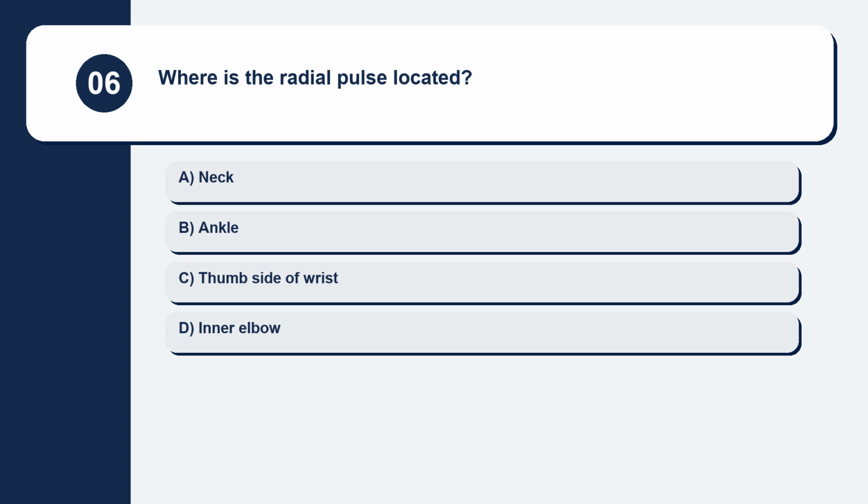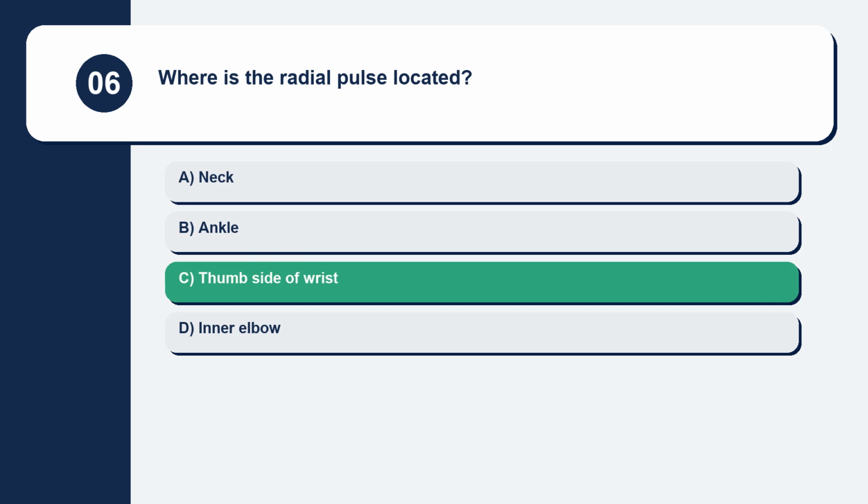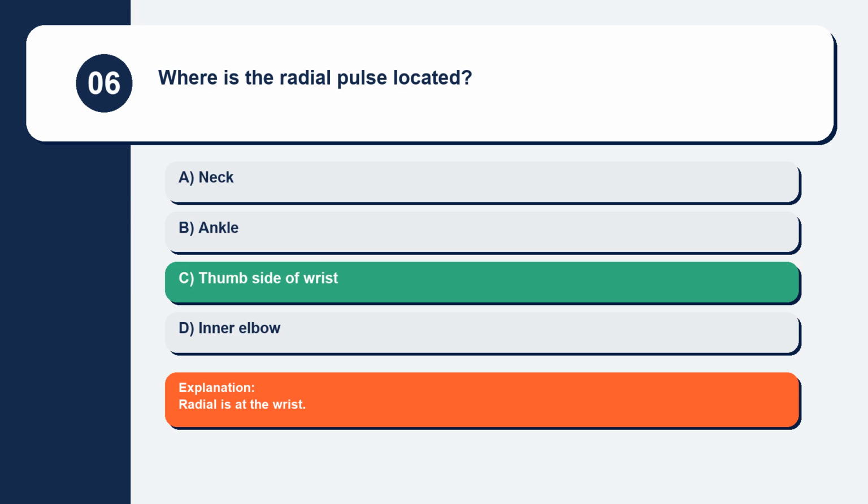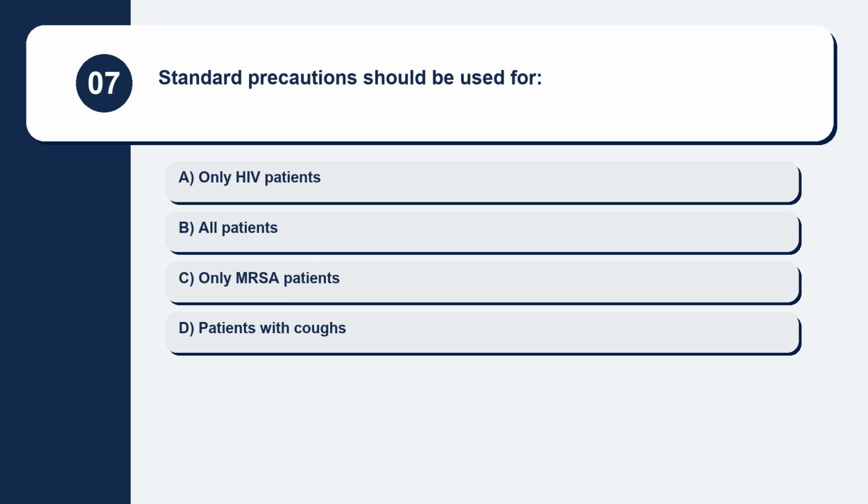Question 6. Where is the radial pulse located? Neck, ankle, thumb side of wrist, inner elbow. Radial is at the wrist. Question 7. Standard precautions should be used for only HIV patients, all patients, only MRSA patients, patients with coughs.